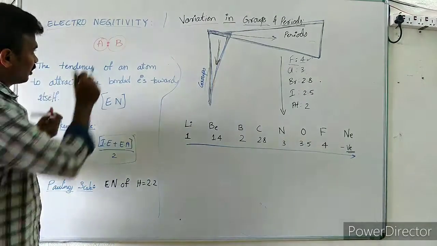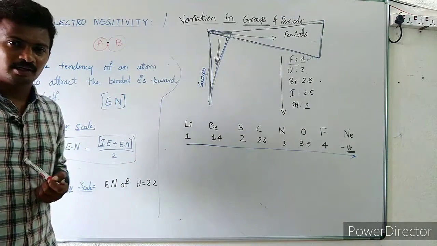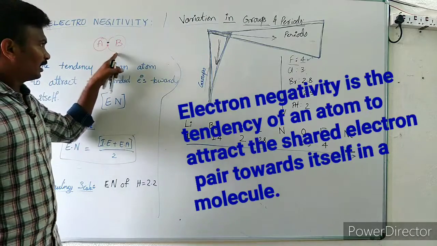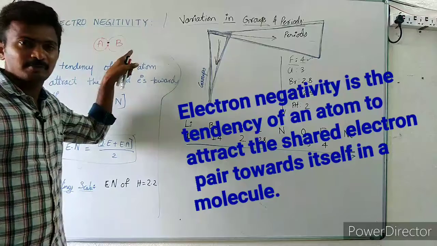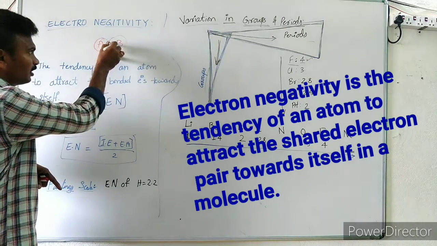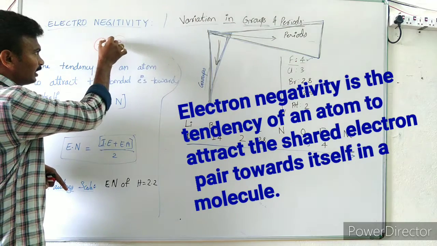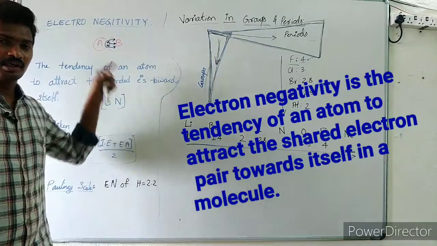Let us take the example of atom B. The electronegativity of atom B is the tendency of that atom B to attract these bonded electrons towards itself.